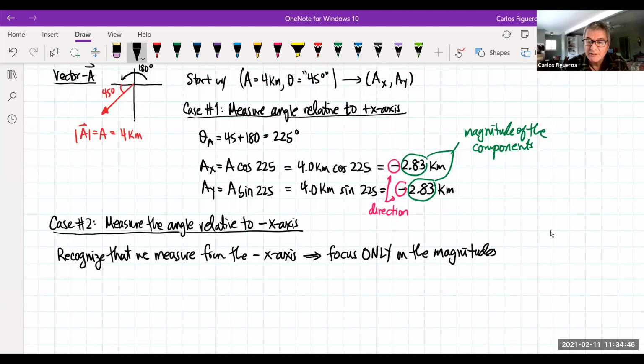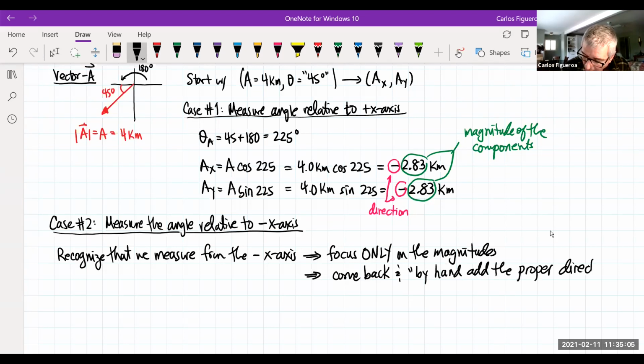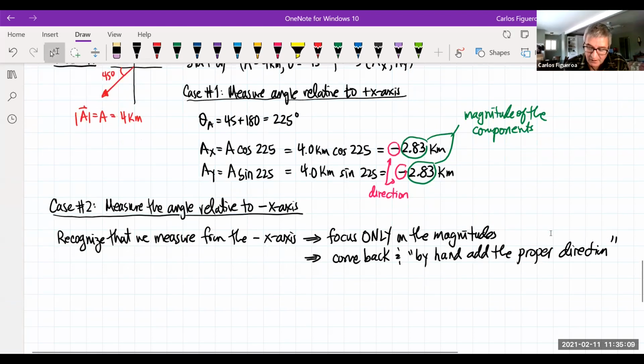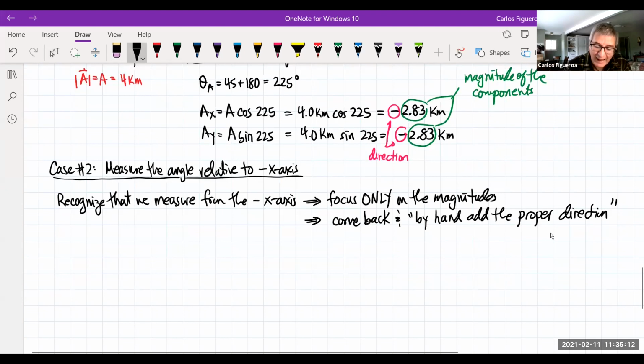And then we come back and by hand add the proper direction. What I mean by that is, note, we went in and added the 180 degrees, and I'm saying you don't have to do that.